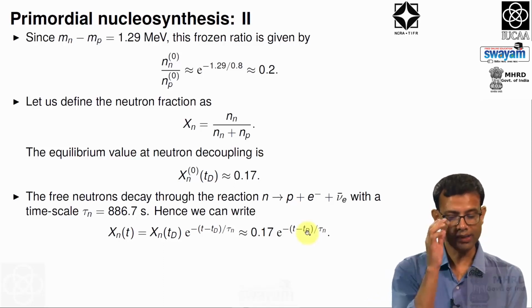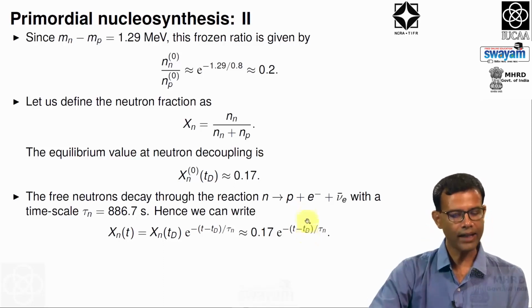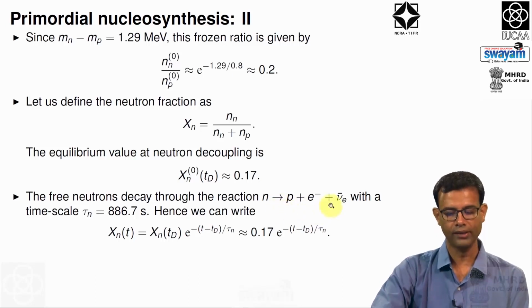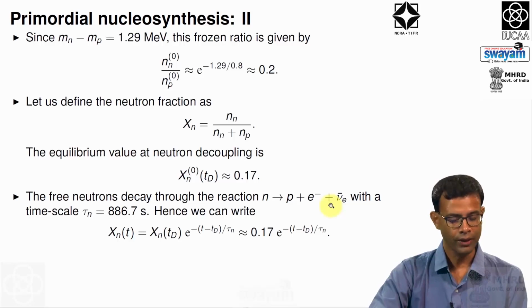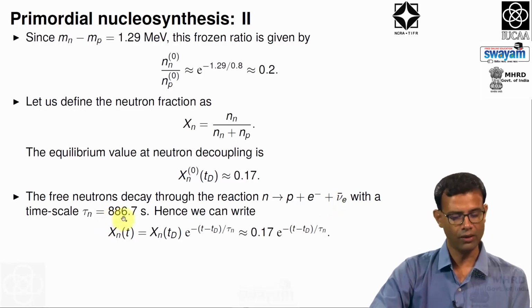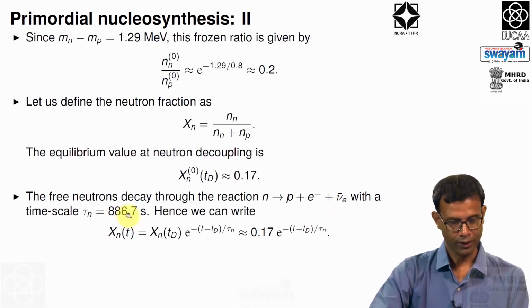Now, if the neutrons are free, they will actually freely decay through this reaction where neutrons go to protons, electrons and an antineutrino. This has a time scale of somewhere around 887 seconds. So, if the neutrons decay, then the neutron number will go down by a factor which looks like this.